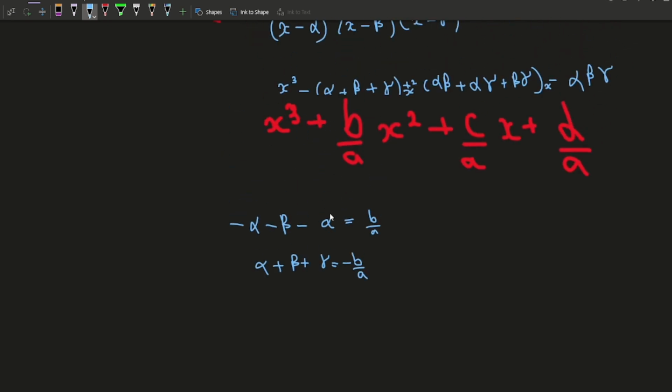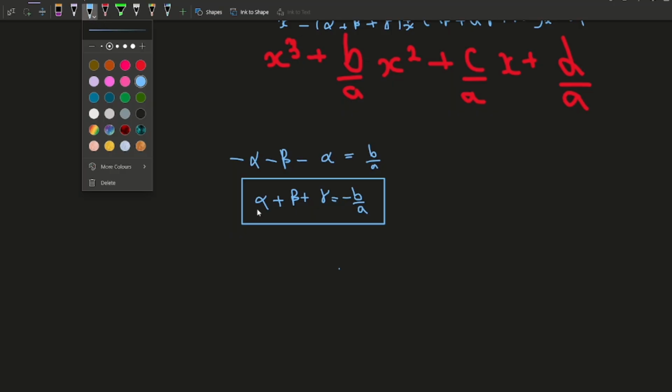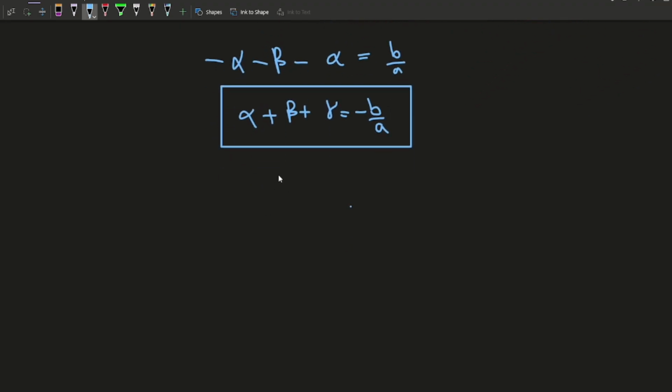So this is our first Vieta's formula, that the sum of roots is equal to minus b over a, which we have already learned in quadratics. And one more thing, in the last class we learned about the summation notation. So we can write this as sigma alpha equals minus b over a. These are the same.